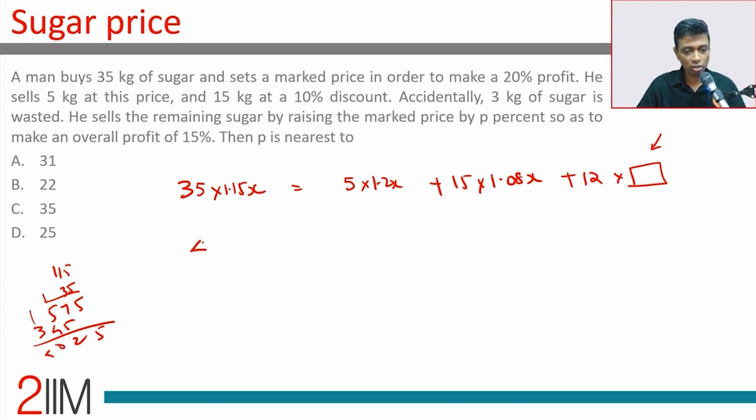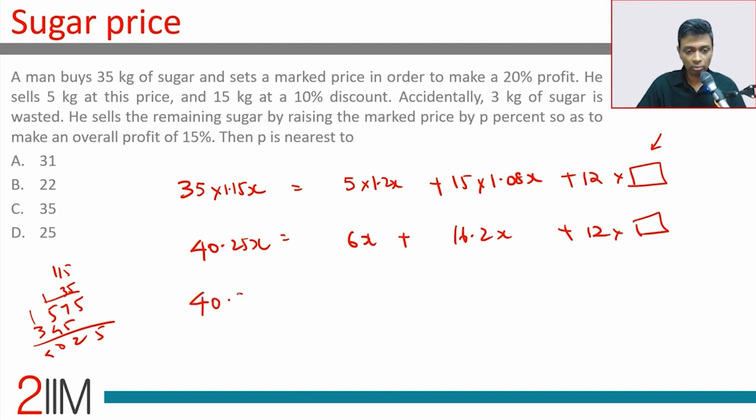So this is 40.25x equals 6x plus 15 into 1.08. 15 into 8 is 120 plus 16.2x plus 12 into whatever this is. So 6 plus 16, 22.2, 40.25 minus 22.2, 0.05, 18.05x.